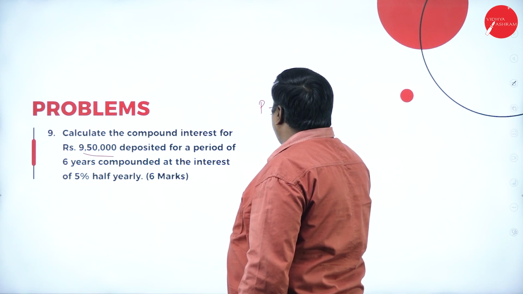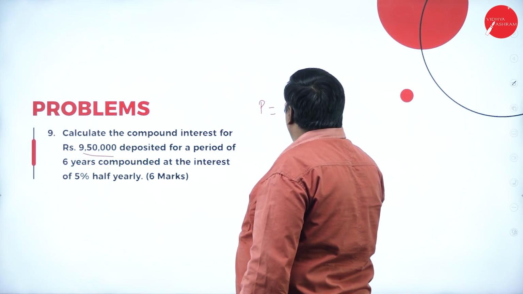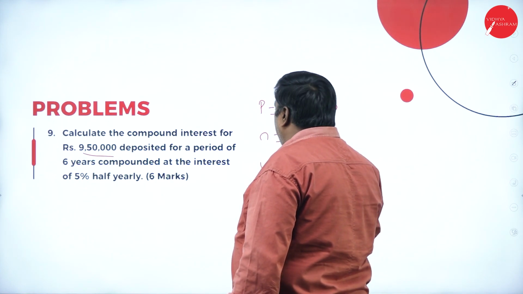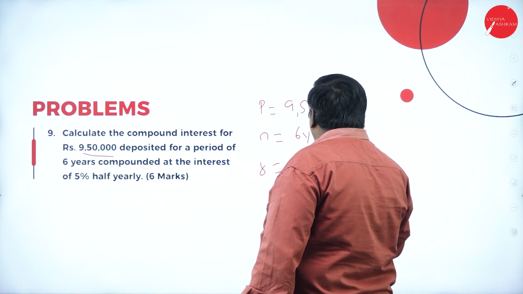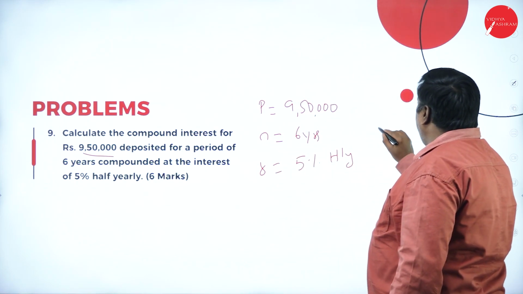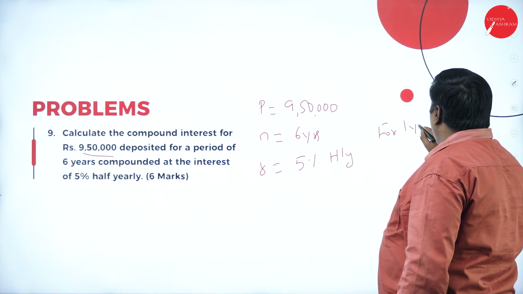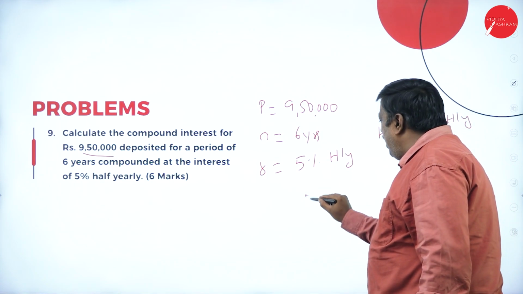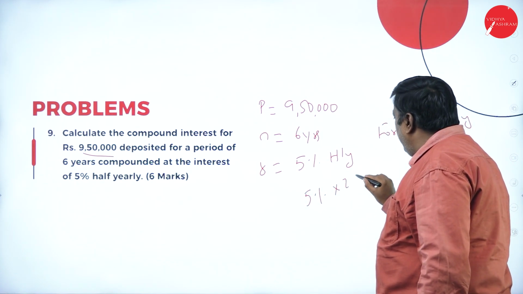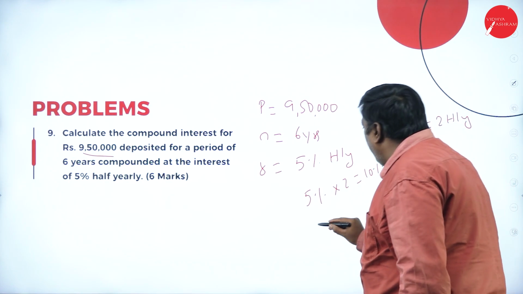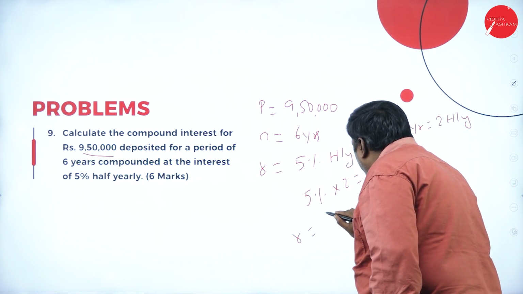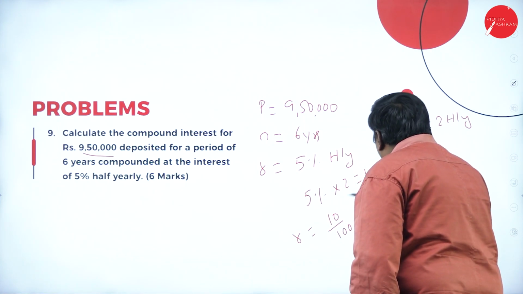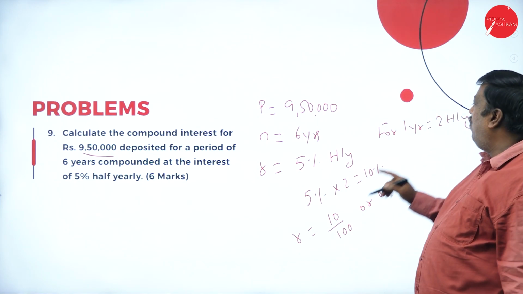And in the next case, the principal is 9,50,000 and N is 6 years. They have given 5% half yearly. For 1 year, there will be 2 half years, that is 2 six months. So 5% into 2, so it will be 10%. So R equals 10 by 100 or 0.10.